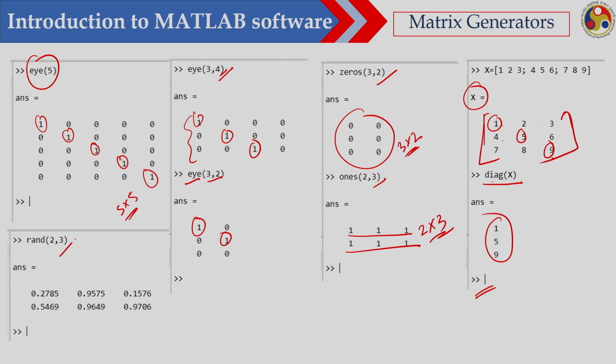And if I want to create some random values, okay, this rand function will create a matrix, and the elements are generated randomly, okay, between 0 and 1. So, I am creating a 2 by 3 matrix randomly, and these values are between 0 and 1.